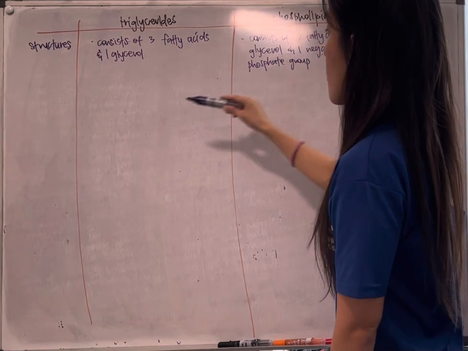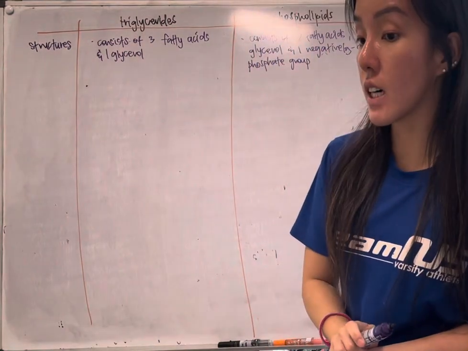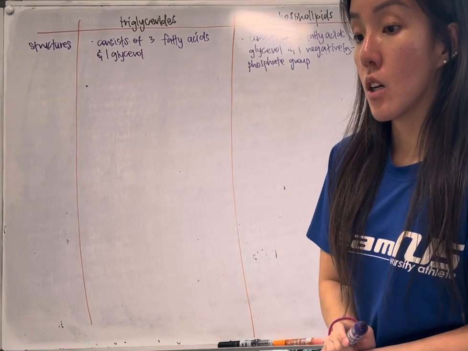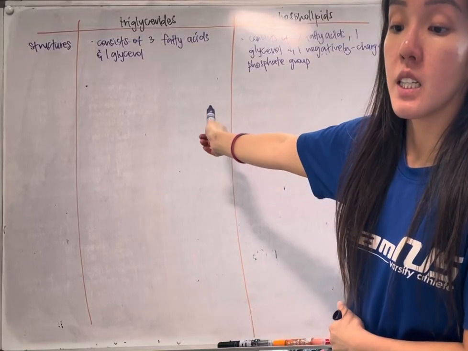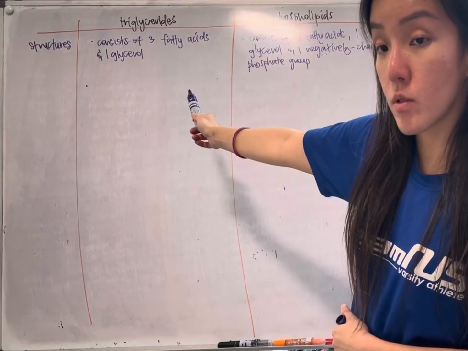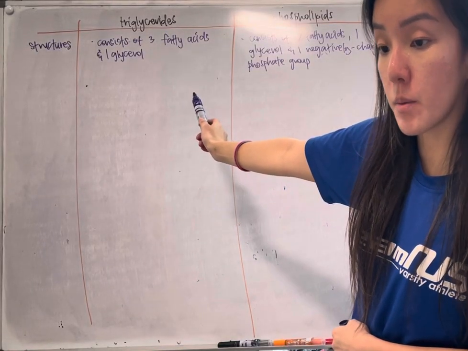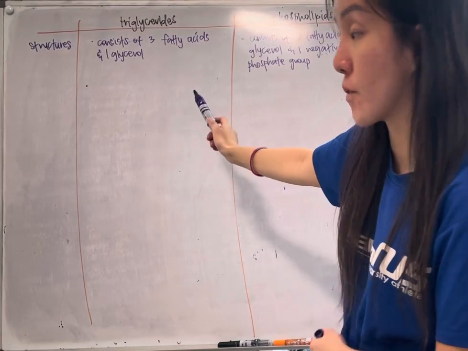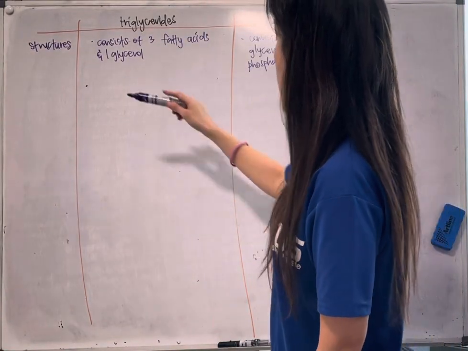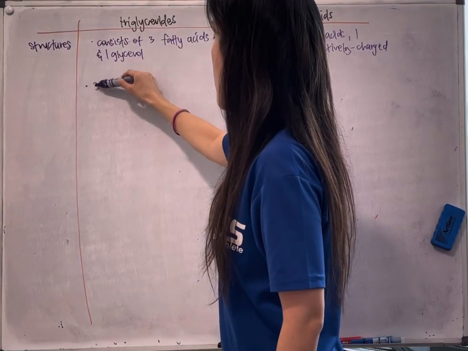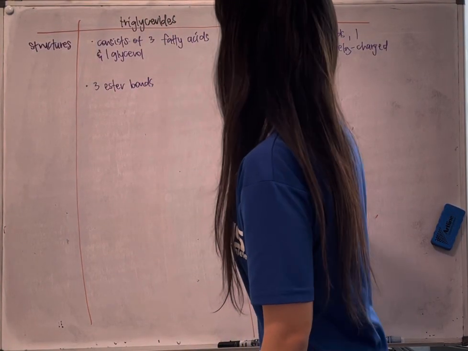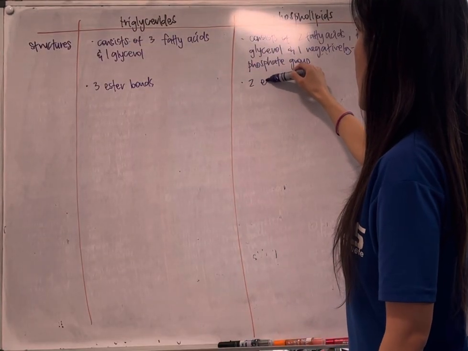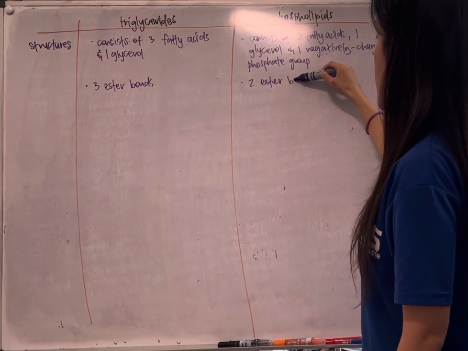Another structural difference between triglycerides and phospholipids is that in triglycerides there are no other groups, whether carbohydrate or not, attached to the glycerol besides the fatty acids. Oh, I forgot to talk about the bonds, sorry. Each triglyceride consists of 3 ester bonds, my bad. Whereas phospholipids consist of 2 ester bonds and 1 phosphoester bond.